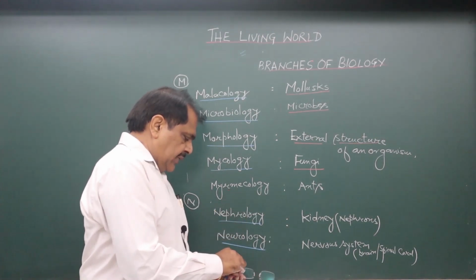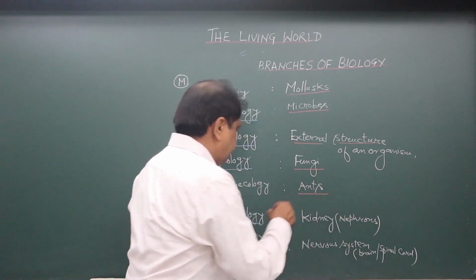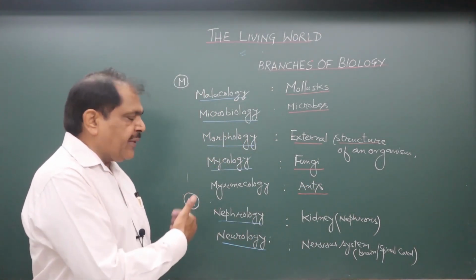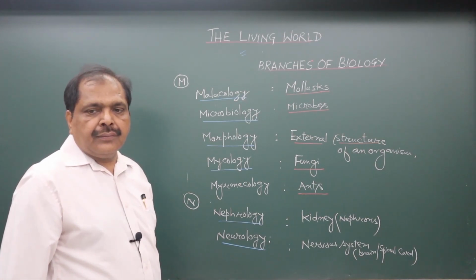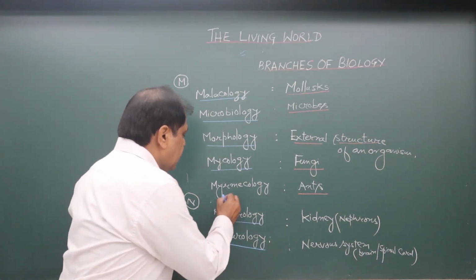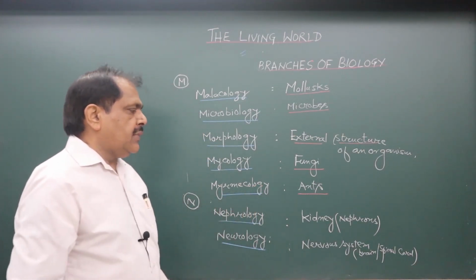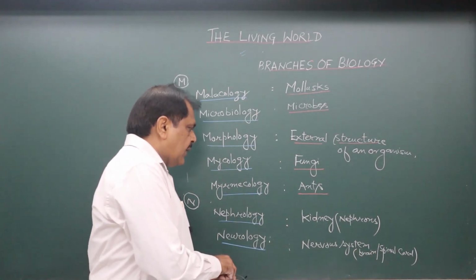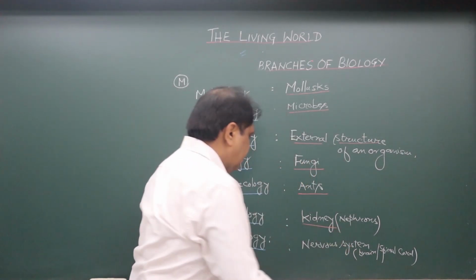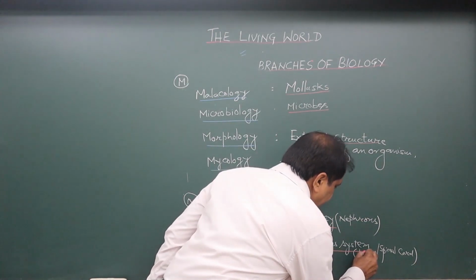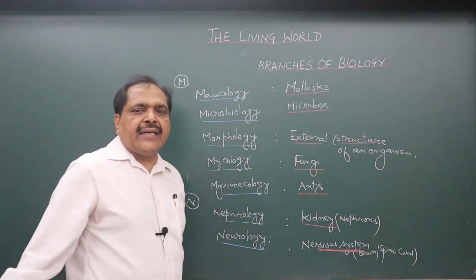Myrmecology, it is the study of the ants. They help in pollination also. Then comes nephrology. It is the study of kidney, nephrons. And the study of the nervous system comes under the branch that is neurology.